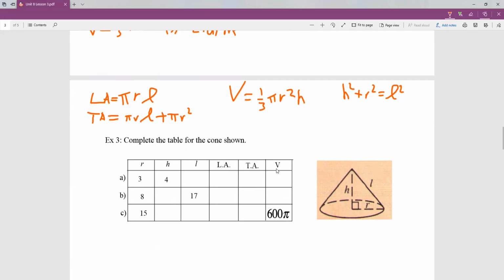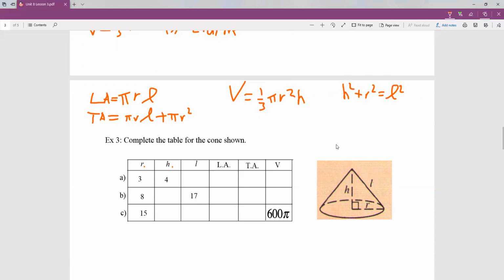Okay, so for this first one, we're given the radius and the height. So we're given this is 3, this is 4. So we need to find the slant height. So we're going to use the Pythagorean theorem for part A. So we're going to have 3 squared plus 4 squared. Oh, whoops, I should switch those around. Doesn't really matter, but I'm going to, for the sake of you guys.